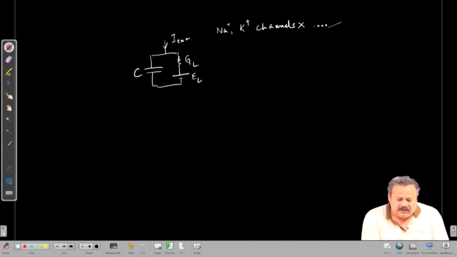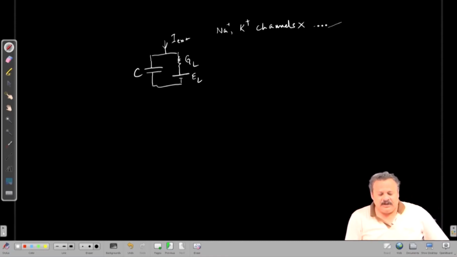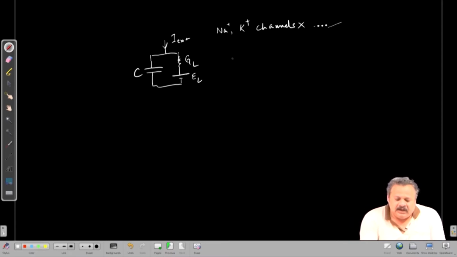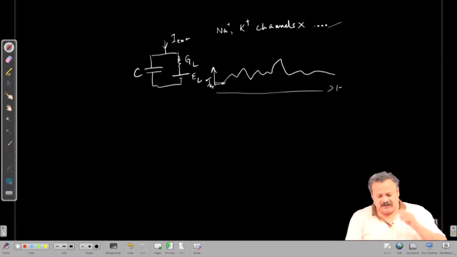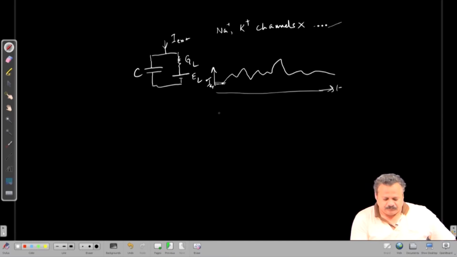So this is our E leak, and we have the capacitance. If we drive this system with I external of a certain profile, where this is time and this is current I external, let us say I external is 0 initially, and then there is some positive current injected, then we will model the voltage across the capacitor, and that will integrate and reach a pre-decided threshold.